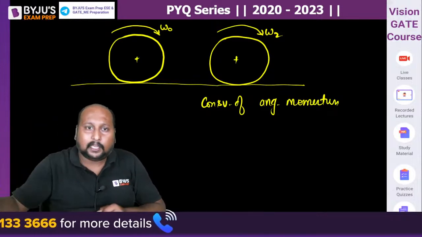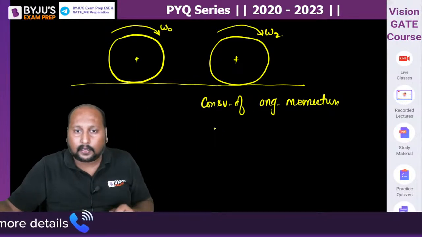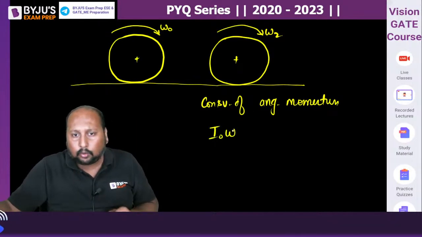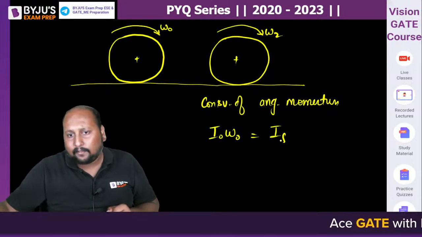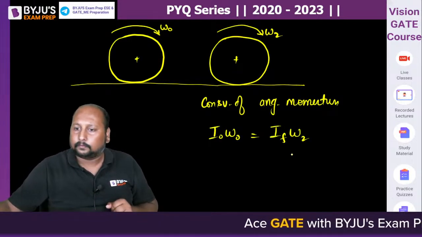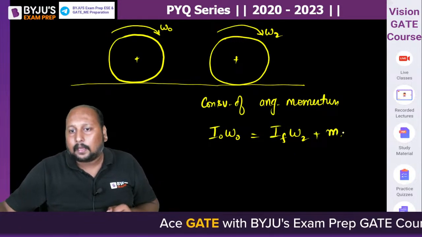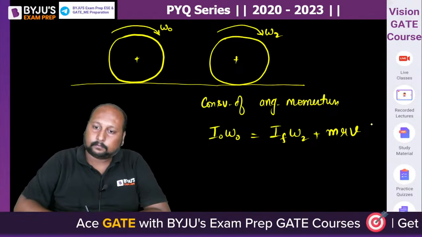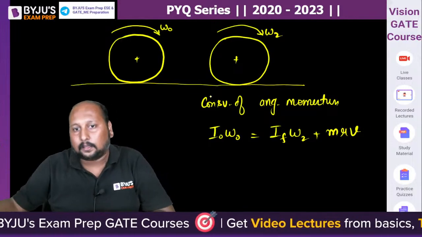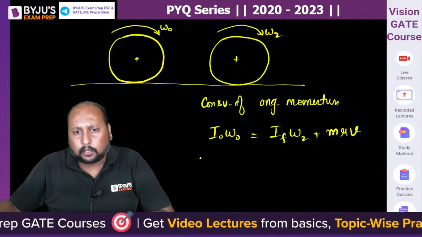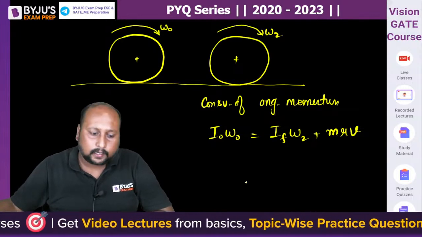चलिए, so initially it will be rotating with some angular velocity omega 0. So I0 into omega 0 is equal to IF into omega 2 plus MR into V or MR, because it will be traveling some distance, right? So this is moment of inertia. This is a solid disk. This is mr square by 2.